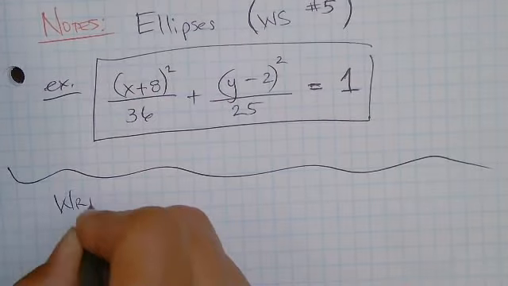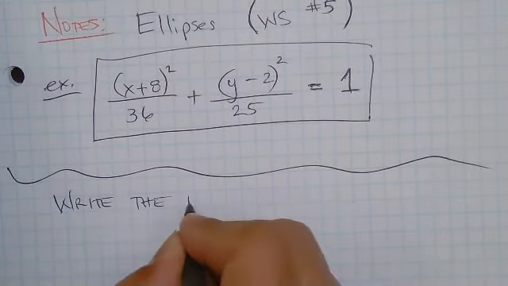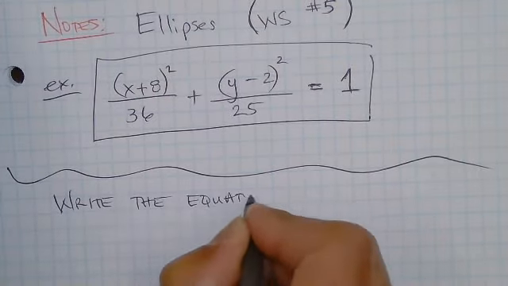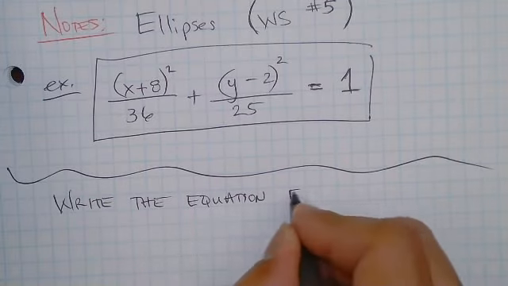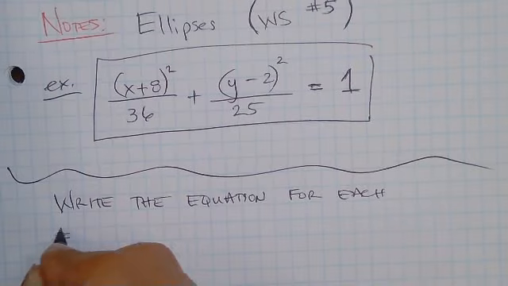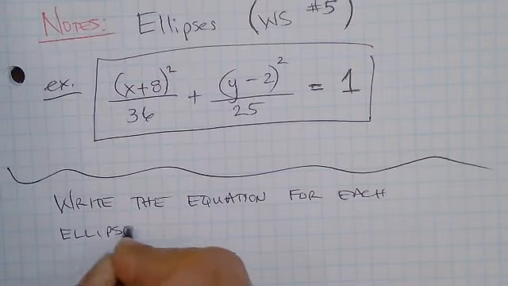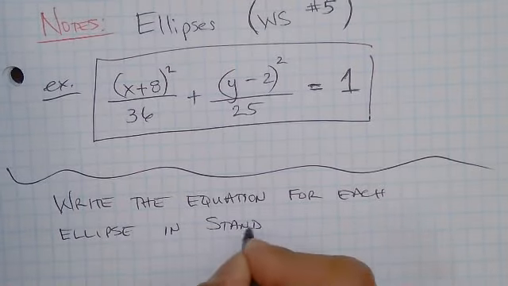So it'll obviously say, write the equation for each ellipse in standard form.